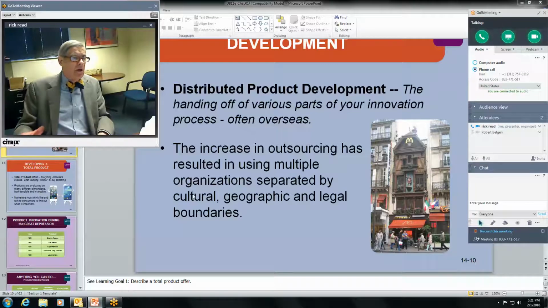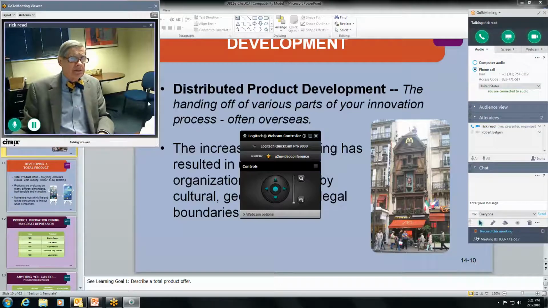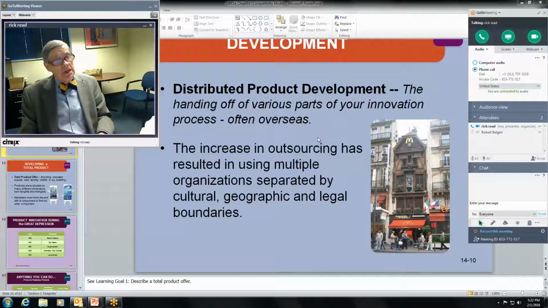And notice what's down here at the next. As we hand this off, as outsourcing, if you will, we run into a lot of problems because we are now separated by these things down here at the bottom: cultural, geographic, and legal boundaries that cause us some problems.